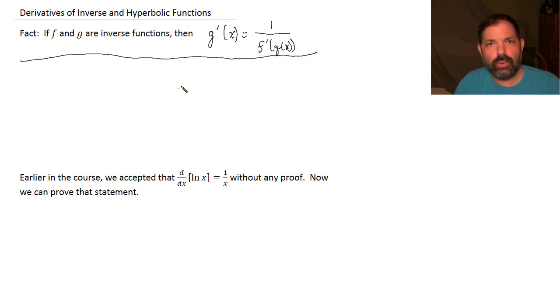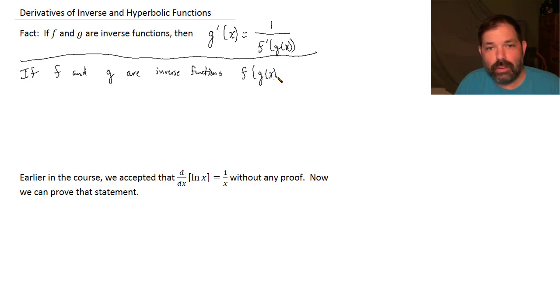What we need is to recall something that's true about inverse functions. Recall that if f and g are inverse functions, we know that f of g of x is equal to x. That's probably the most important property of inverse functions, that, in a sense, they undo each other.